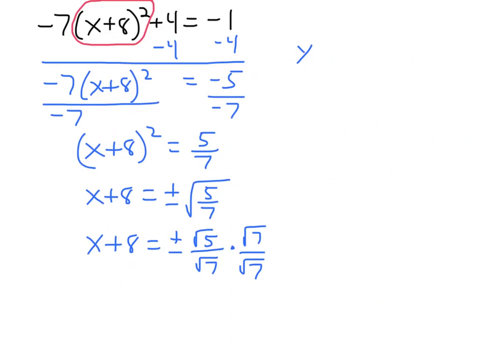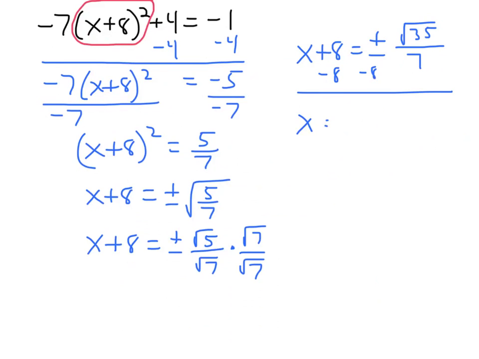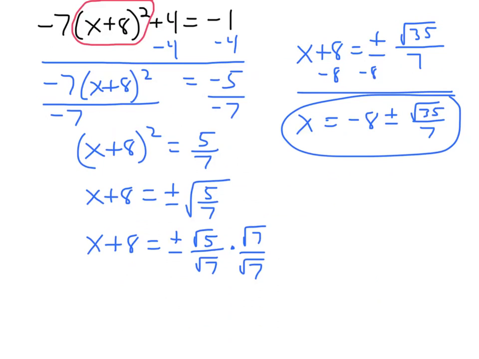So we end up with x plus 8 equals plus or minus the square root of 35, because you can multiply the 5 and the 7 together, over 7. And then just subtract 8 from both sides. So x would be negative 8 plus or minus the square root of 35 over 7. And those would be your solutions.